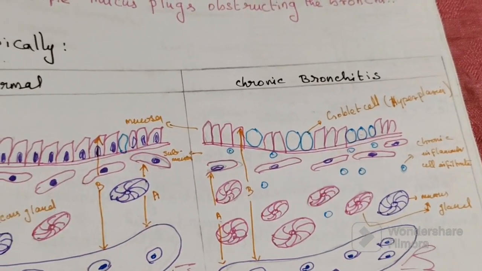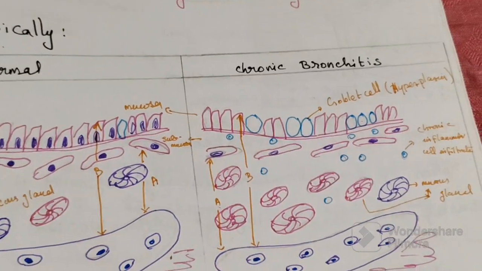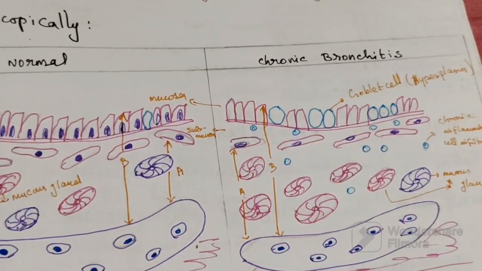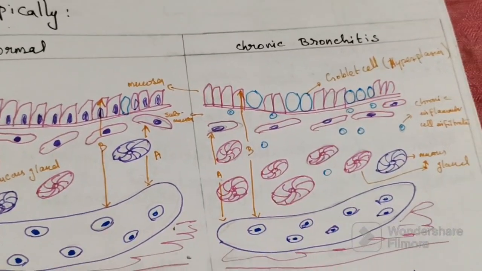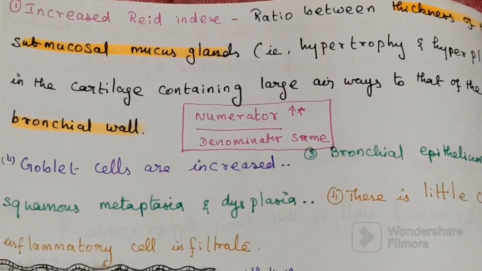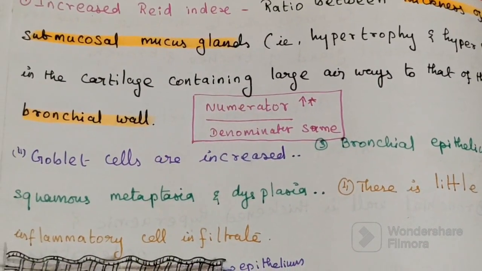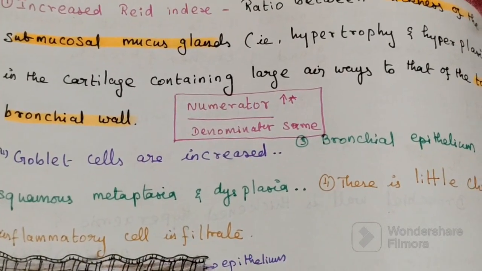Since the numerator is increasing and the denominator is the same, the Reid index is increased. So what is the Reid index? Microscopy of chronic bronchitis: Reid index increased.